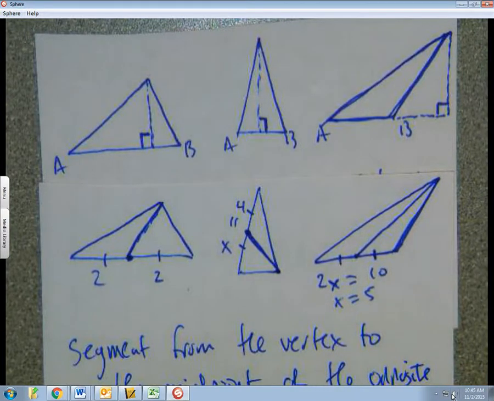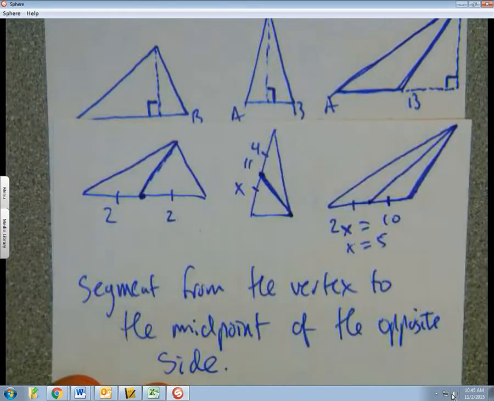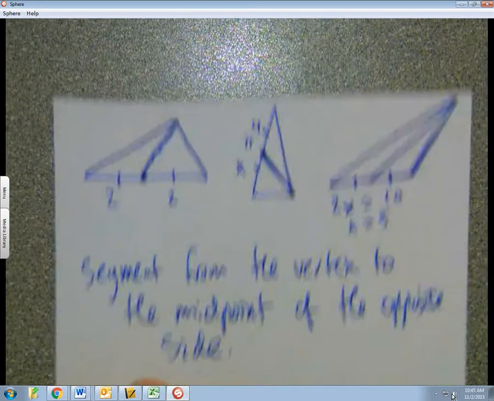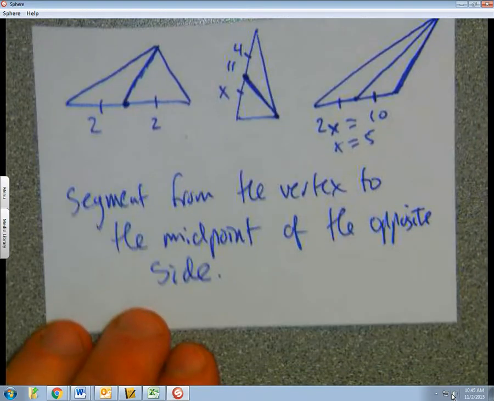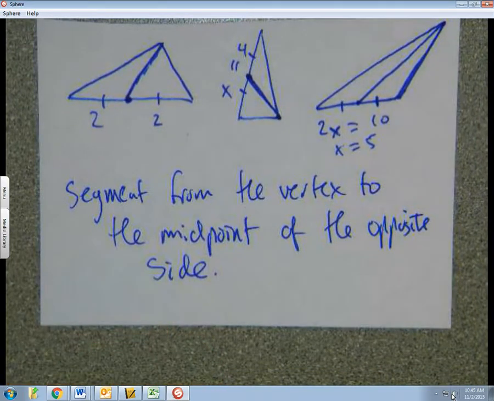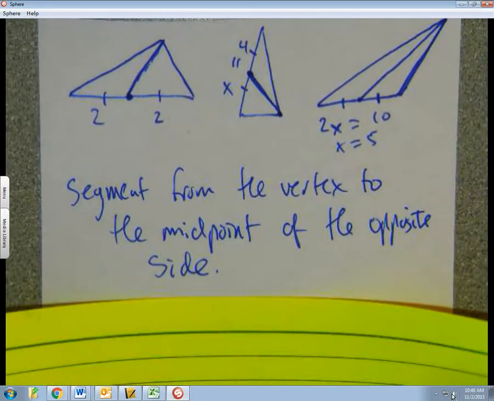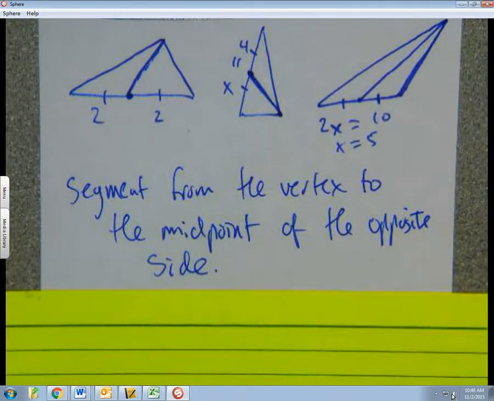Let's scroll that down there. Segment from the vertex to the midpoint of the opposite side. Let's bump that up so you get that in there, and then I'll put down the next note card, which is perpendicular bisector.